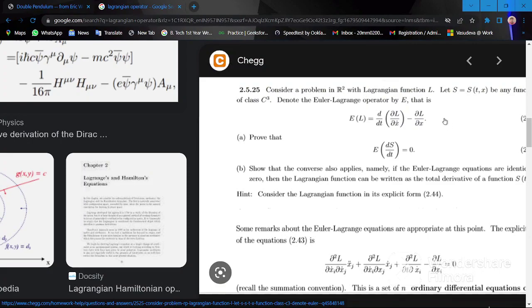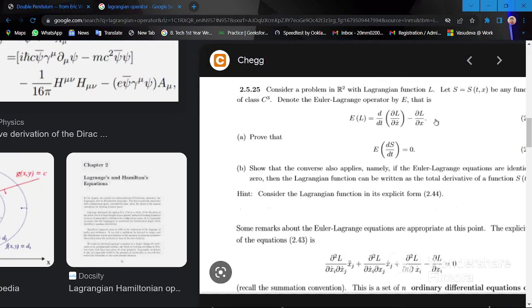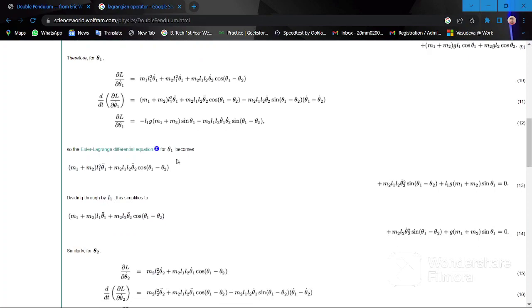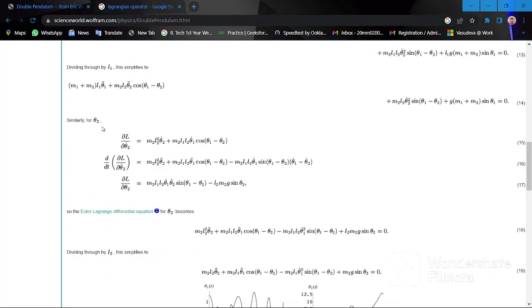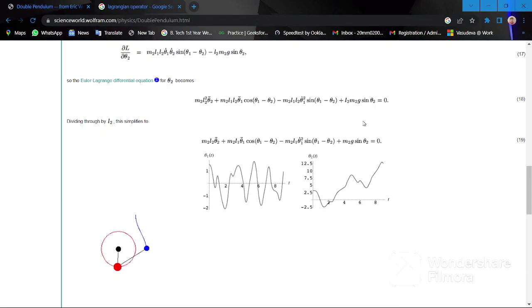That is the same operation done here, where x dot is replaced with theta 1 dot and theta 2 dot, so that we obtain the essential values theta 1 and theta 2, and basically we can construct the motion of this double pendulum.